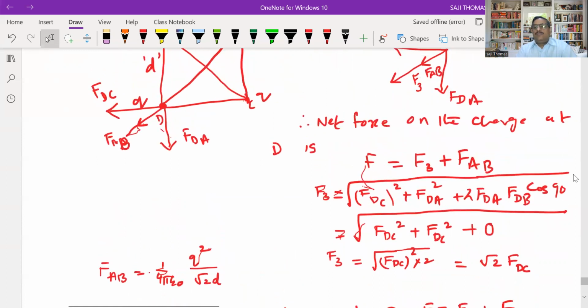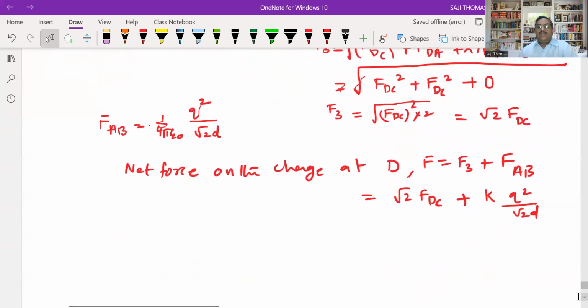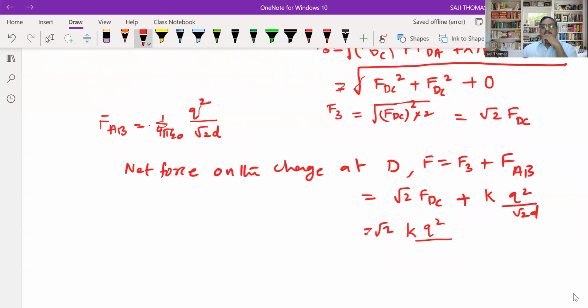K into Q square by d square, right? So this can be written as root 2 into k q square by d square, right?